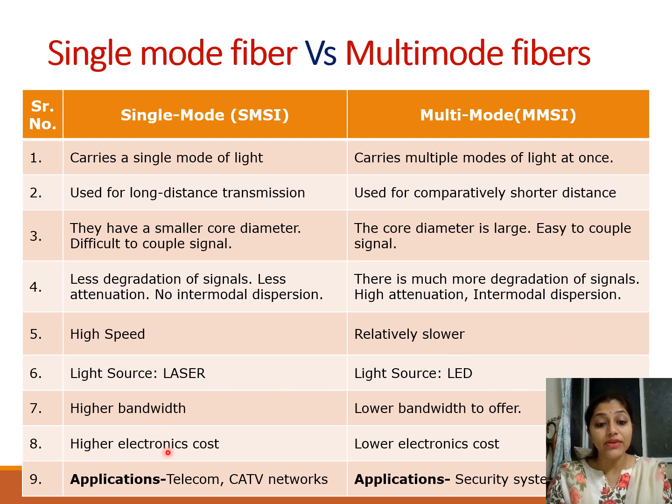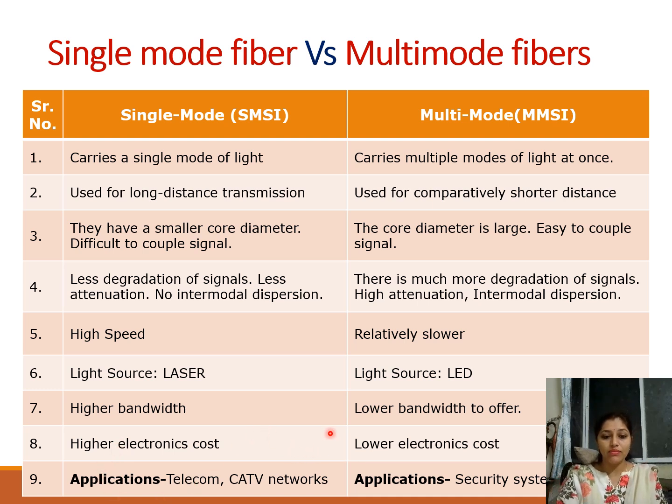Then your bandwidth is very high in case of single mode fiber, whereas bandwidth is lower as compared to single mode fiber. Here higher electronic cost, and here in multi-mode fiber lower electronic cost, because here the core diameter is very narrow, so coupling is quite difficult, and that is why electronic cost is high.